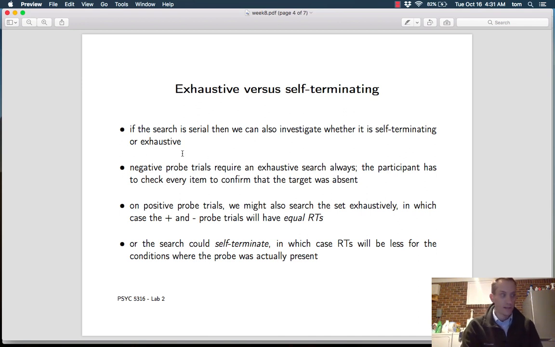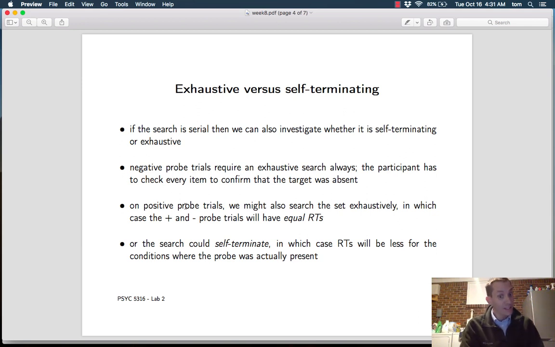And the way we do this is by putting in the so-called negative probe trials. These are the ones that the probe is not present in. Now, negative probe trials always require an exhaustive search, because the target is not there, so the participant has to look through every one of the items in that memory set.